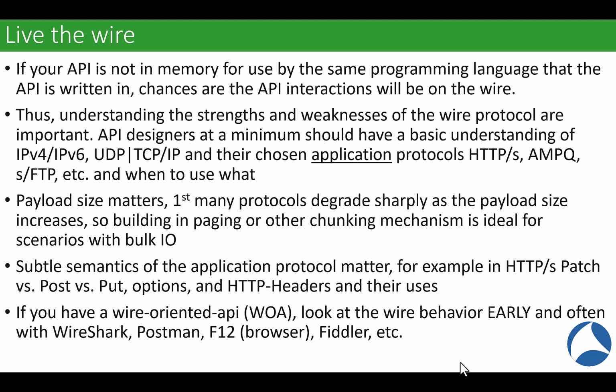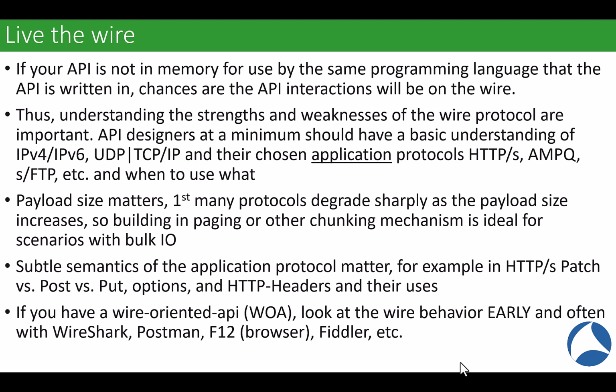If you're designing a protocol that is going to be a binary protocol or demi-binary protocol, AMQP or whatever, then you need to understand what the pros and cons of that protocol are and what they look like on the wire, and how do they interact, and what is a good pattern of interaction for that application layer transport, and how does that get translated down onto TCP/IP or in some rare cases UDP and then on to IP.